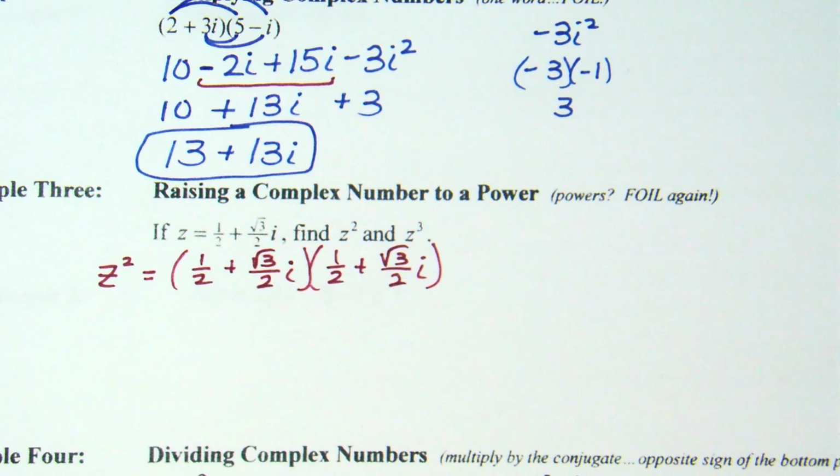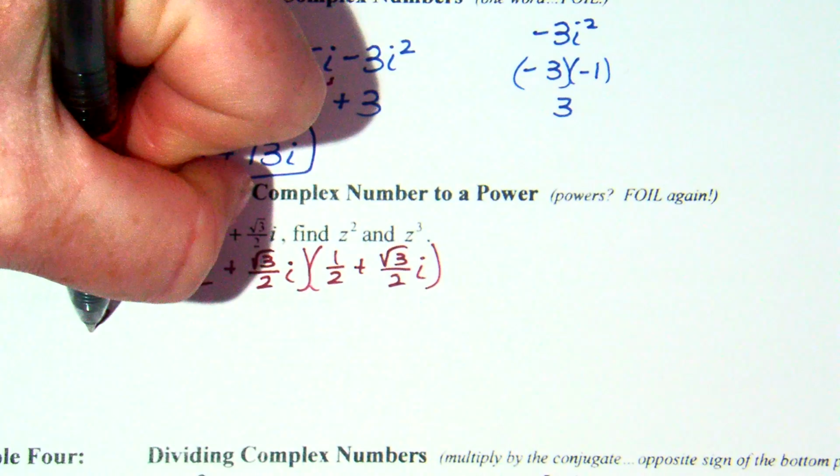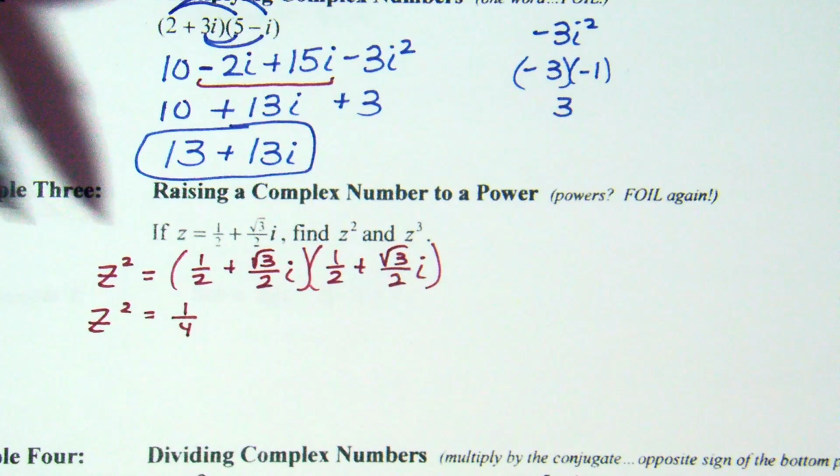So think about the fraction. 1 times radical 3 is radical 3. Denominator. 2 times 2 is 4. And then you have an i. So this next term is going to be radical 3 over 4 times i.